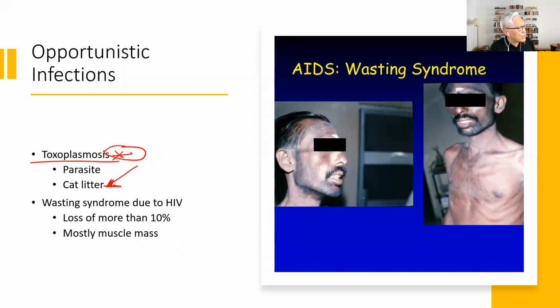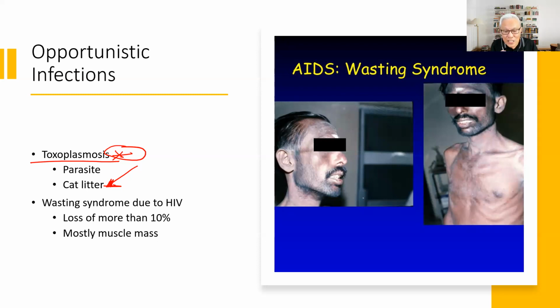All right. So where is this infection usually going to be predominant? This parasite primarily loves the brain, and therefore all the neurological symptoms that you can think of are going to be present. And actually, this could also cause what is known as wasting syndrome.